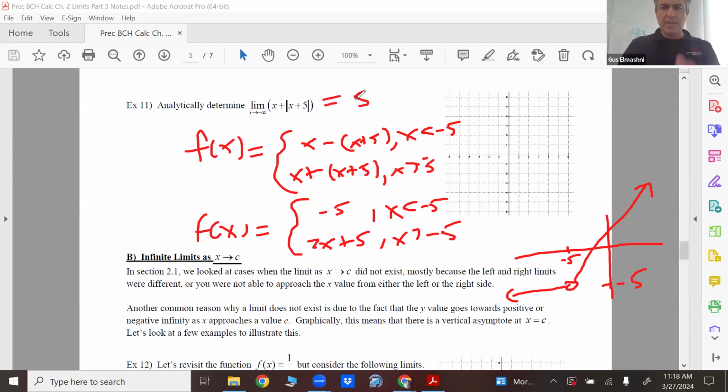Sorry. Yeah, negative 5, yeah. There you go. So pretty simple. Just rewrite it as a piecewise function. That's how you show your analytical work for that problem. Questions? No? We're okay.